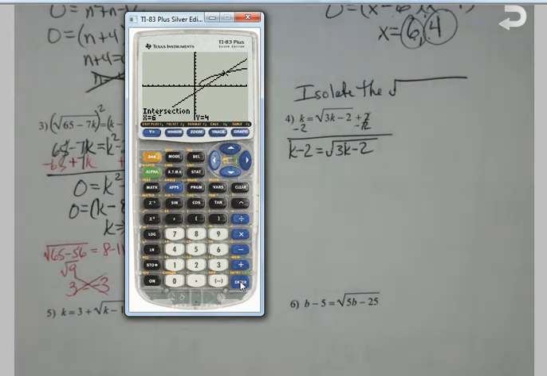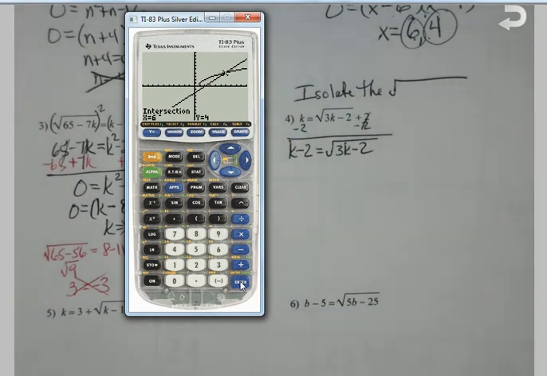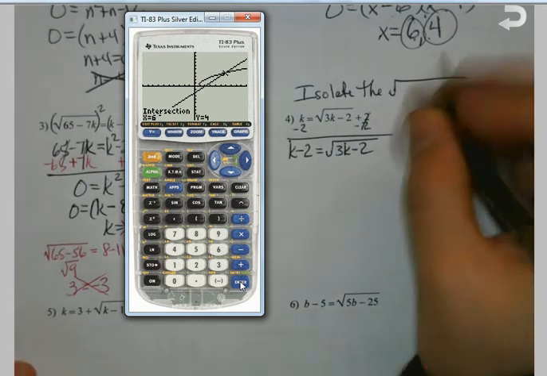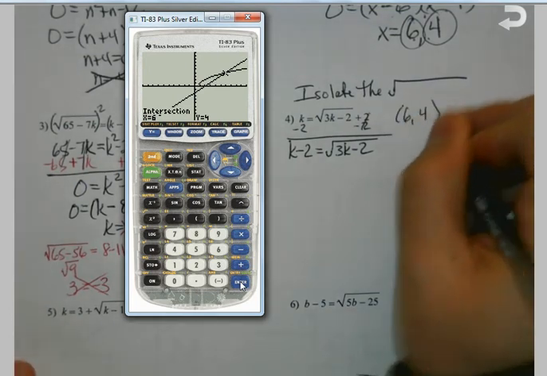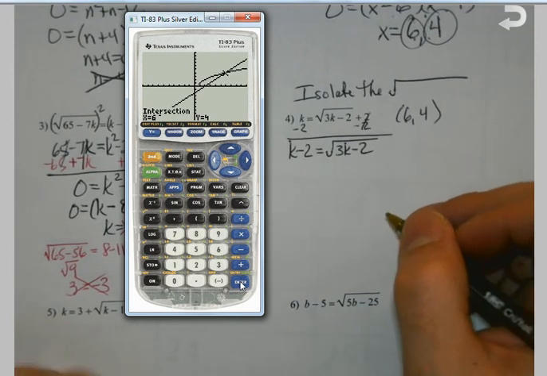Now again, when you get here, these K or these other values, these are my X values as I'm going along. So it's like, okay, I got one at 6, 4. Does it look like it's crossing anywhere else? No, but let's see when it says 6, 4. Let's see if both of these work. Let's see if either of them work.